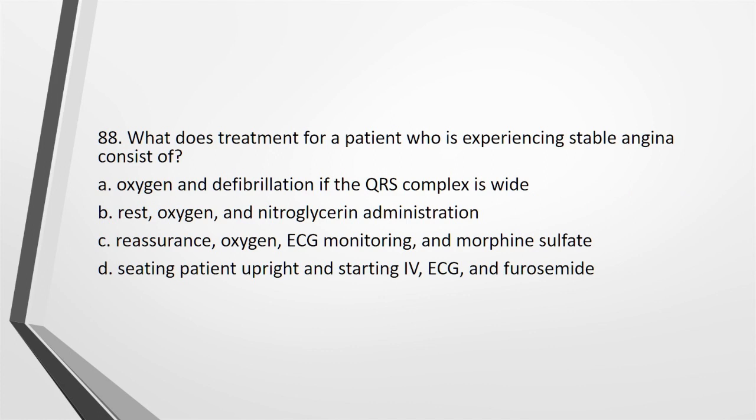88. What does treatment for a patient who is experiencing stable angina consist of? A. Oxygen and defibrillation if the QRS complex is wide. B. Rest, oxygen, and nitroglycerin administration. C. Reassurance, oxygen, ECG monitoring, and morphine sulfate. D. Seating patient upright and starting an ECG and furosemide.